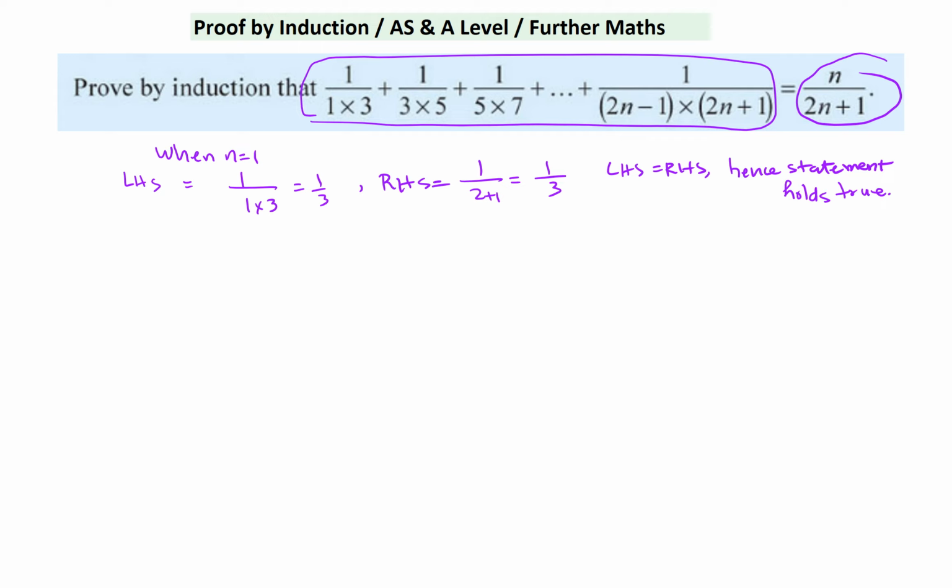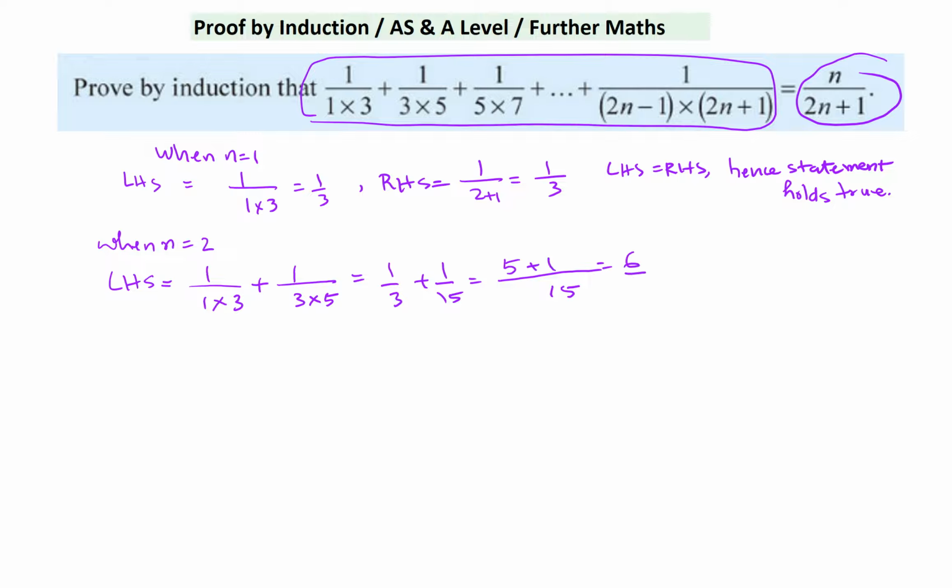So we can do one more, that is when n equals 2, then you would have left hand side equals 1 over 1 times 3 plus 1 over 3 times 5, and that equals 1 over 3 plus 1 over 15, that is 5 plus 1, that is 6 over 15, that is 3 times 2 is 6, 3 times 5, 2 over 5.